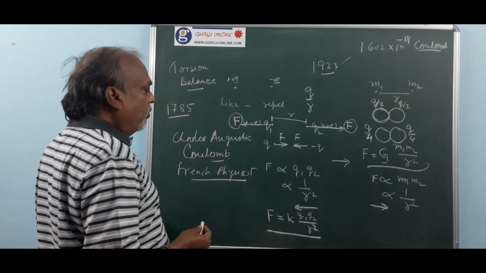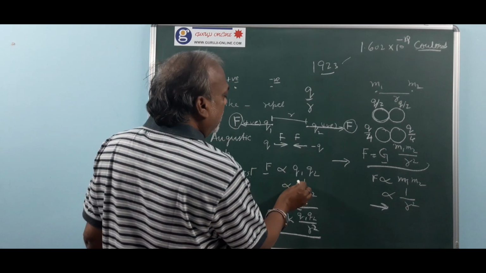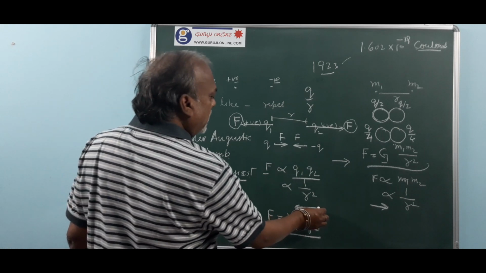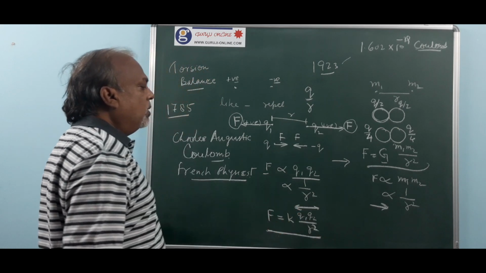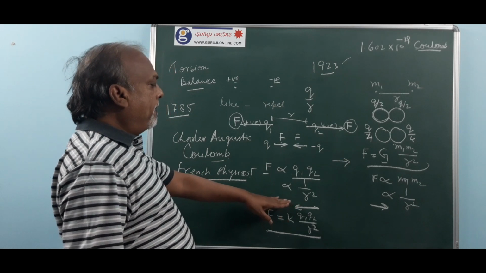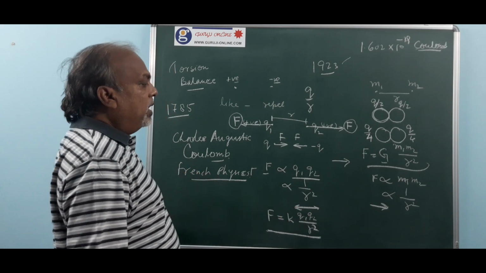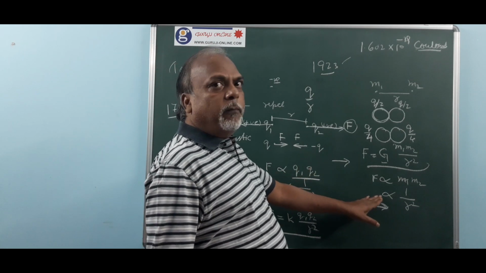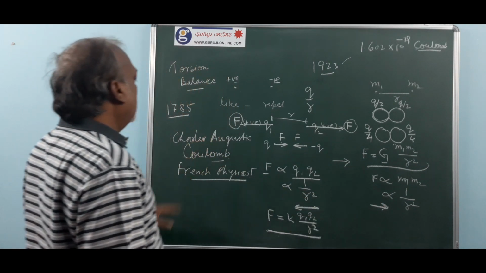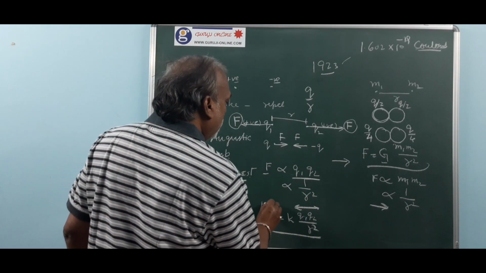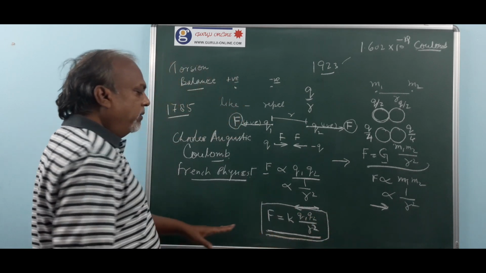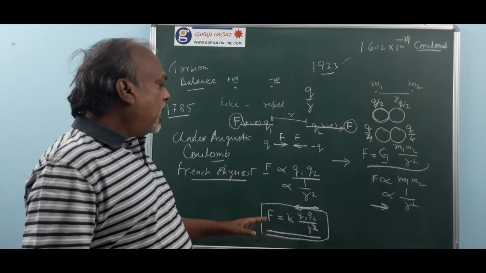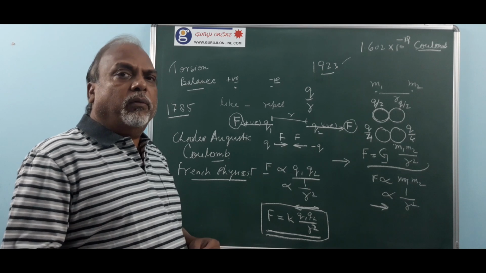Ultimately, with the experiment, he found that F is proportional to the product of these two charges and is proportional to 1 by r square. This is called the inverse square law of Coulomb, as we found in Newtonian physics. This Coulomb's law has survived many experiments, even today, and there is no other alternative we found.